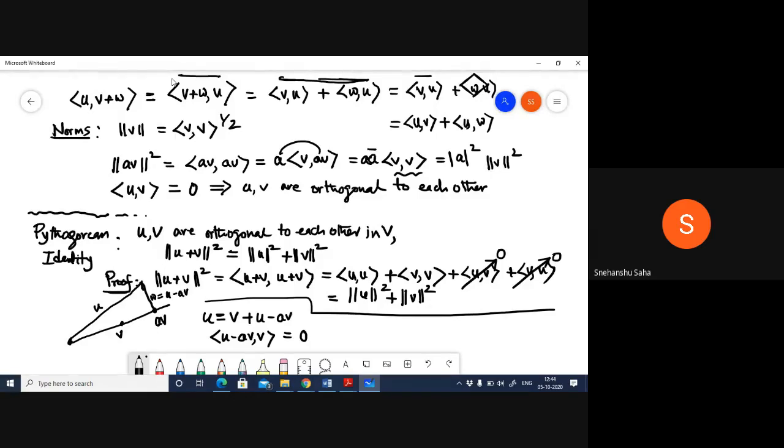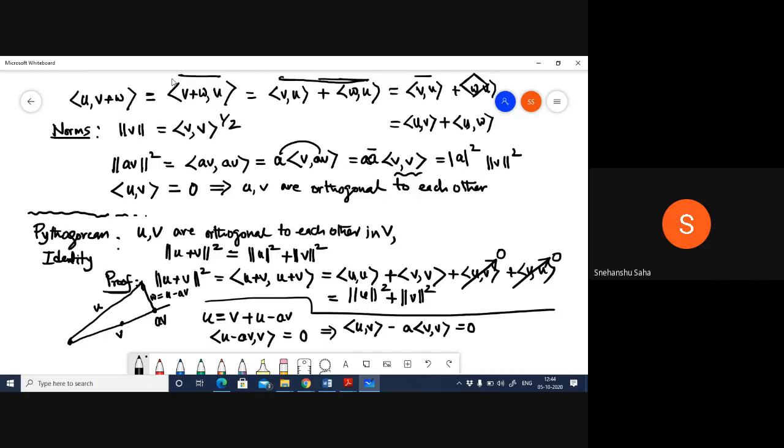Okay, all right. However, what that implies is that if I expand this out, I have the inner product of u and v minus a times the inner product of v and v equal to 0. Okay, all right.